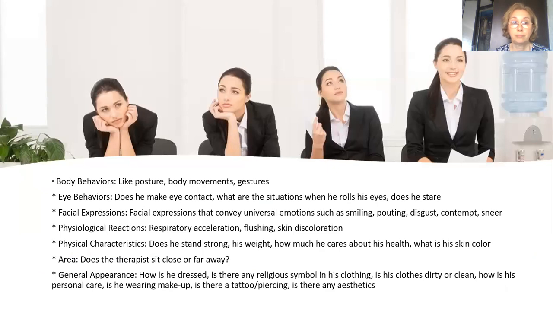Body behaviors like posture, body movements, gestures, eye behaviors. Does he make eye contact? What are the situations when he lowers his eyes? Facial expressions that convey universal emotions such as smiling, frowning, disgust, contempt, sneer.